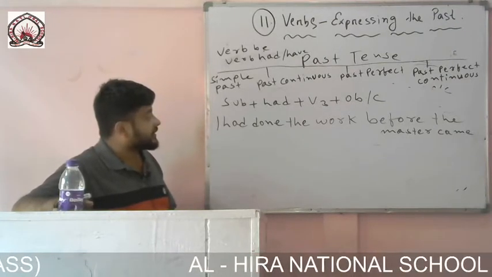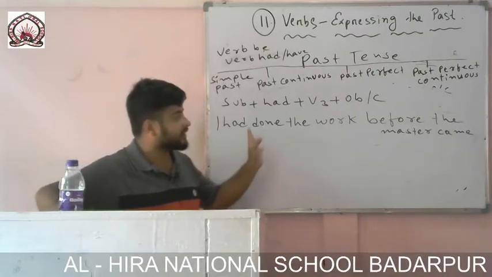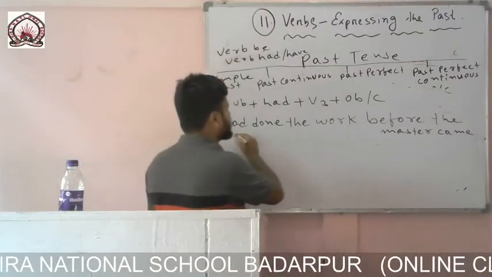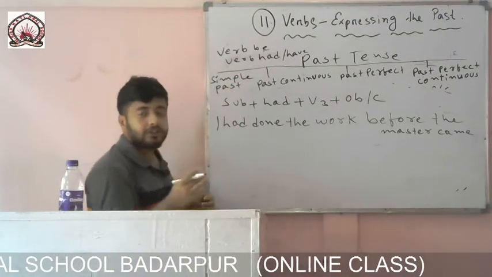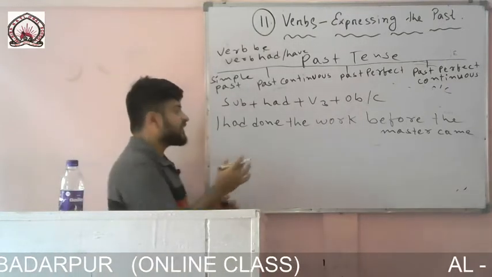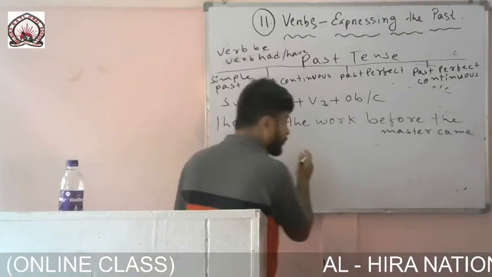So I had done the work. I hope you have understood. This action took place earlier than this. Understood or not? So if two past actions are there in the sentence, then for the first action we have to use had, we have to use past perfect.